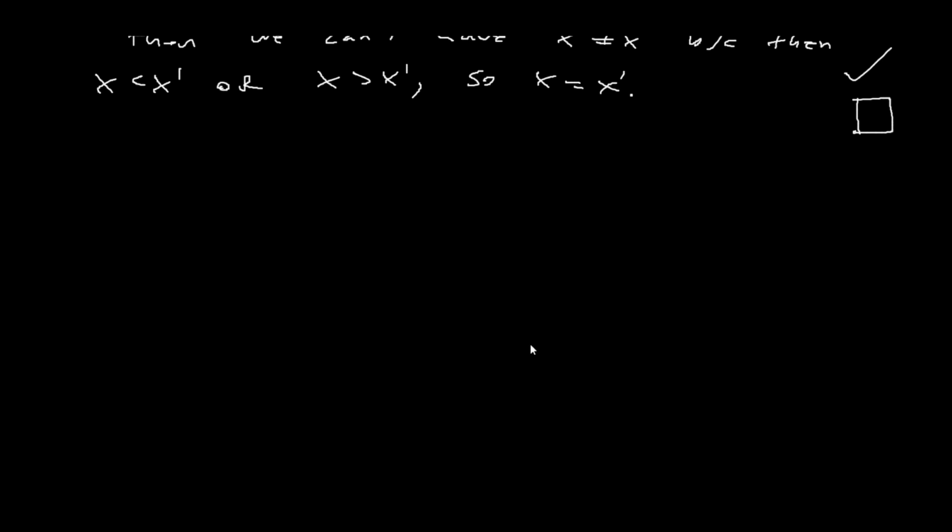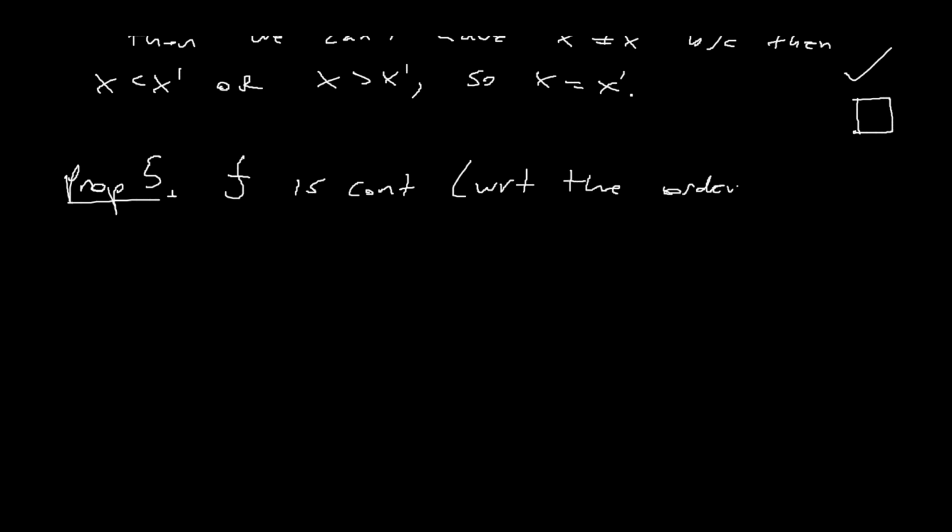Now let's move on to one more proposition. Proposition 5, which says that f is continuous with respect to the order topologies of X and Y. And to demonstrate this, it's pretty simple.